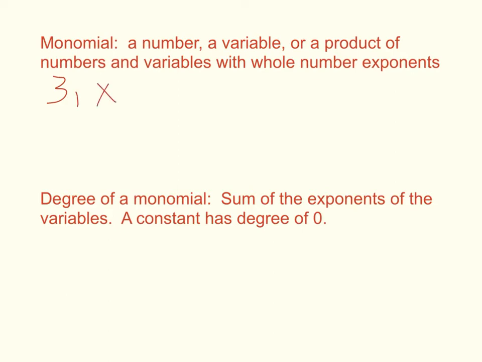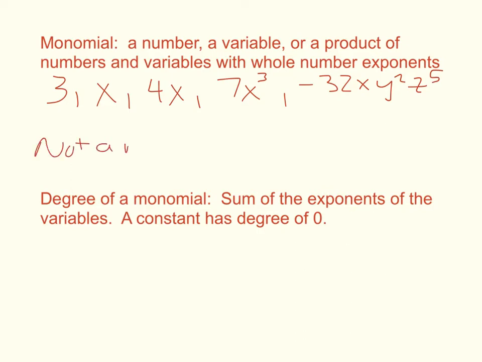X is a monomial. 4x is a monomial, because that's a product of a number and a variable. 7x to the third power is a monomial. Negative 32x y squared z to the fifth is a monomial.